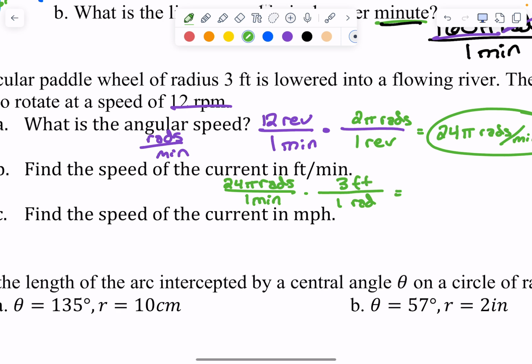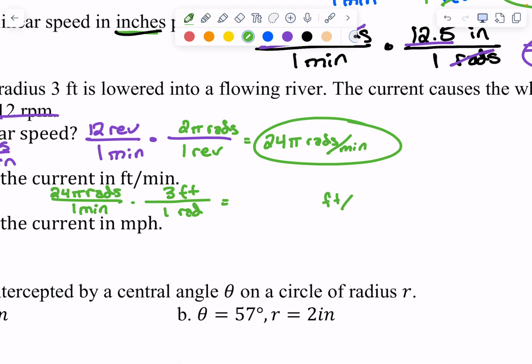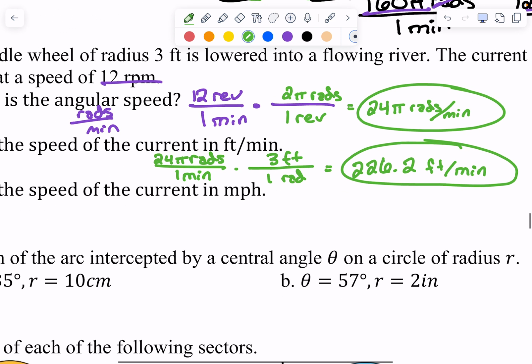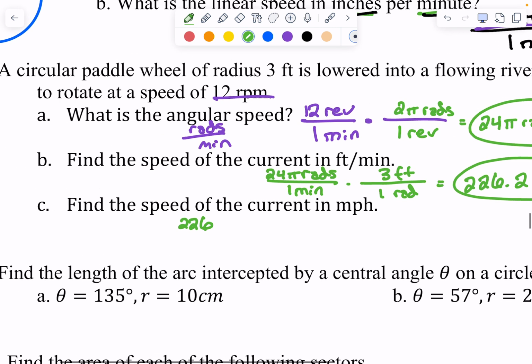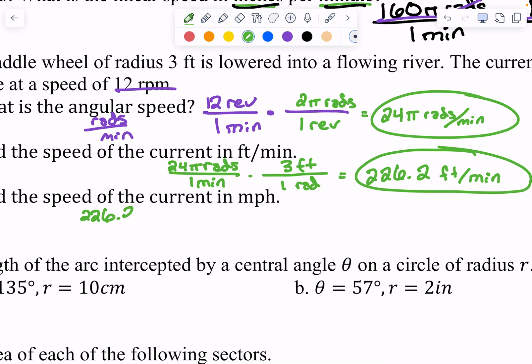What do you call something in feet per radian? It's the radius. It's the radius of the wheel. Yep, I didn't see that. What's 24 times 3 pi?